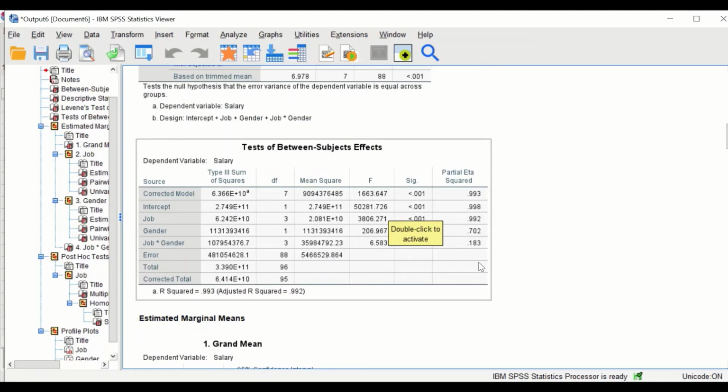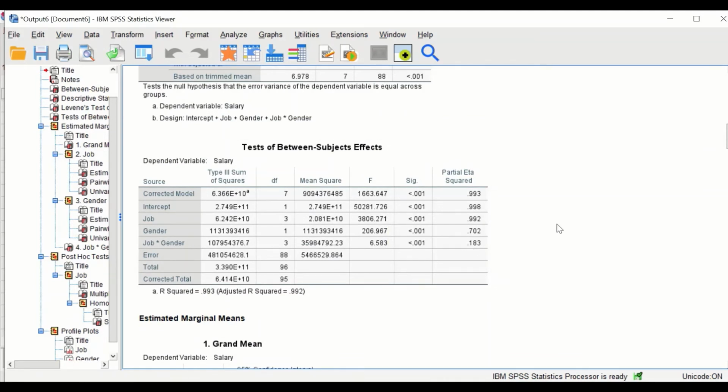So there is a significant difference in terms of salary based on the profession. So in this factor, there is a difference in the salary.